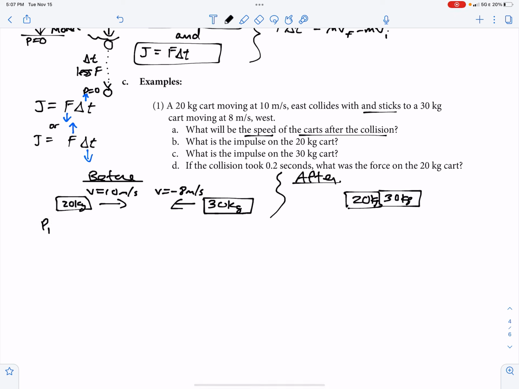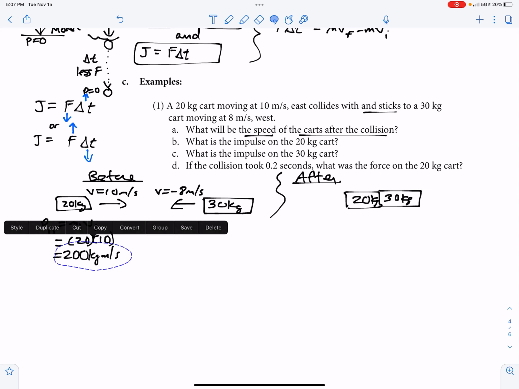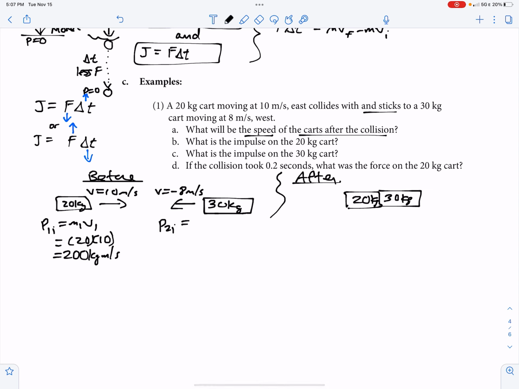So P1 initial is going to be M1 V1. That's going to be 20 times 10 or 200 kilograms meters per second. Okay, P2 initial is going to be M2 V2, right?